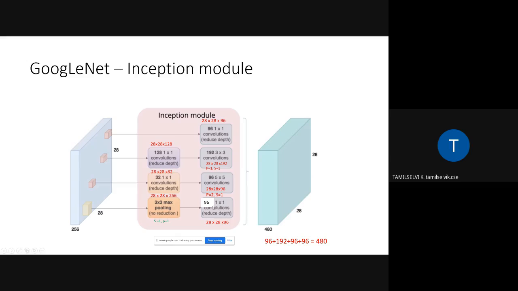So the next one, a 96 1 cross 1 convolution is done after that. Since 1 cross 1 means you will get 28 cross 28. If you give the input as 28 cross 28 into 256, after 1 cross 1 convolution, the output will be 28 cross 28 cross 1.